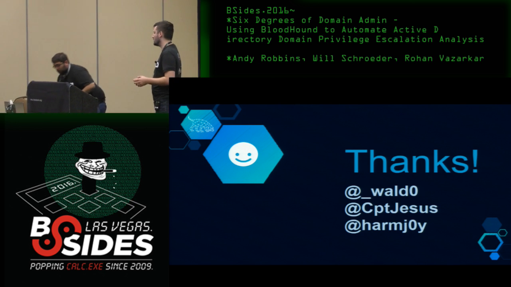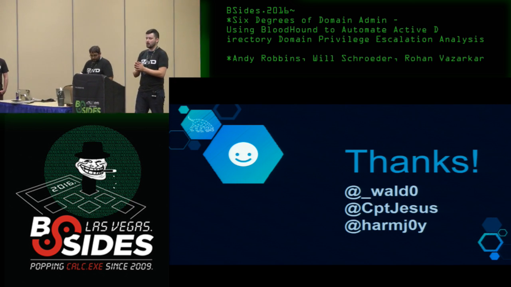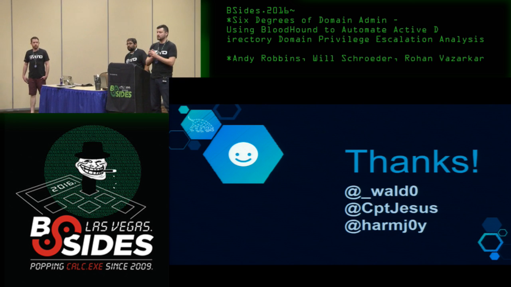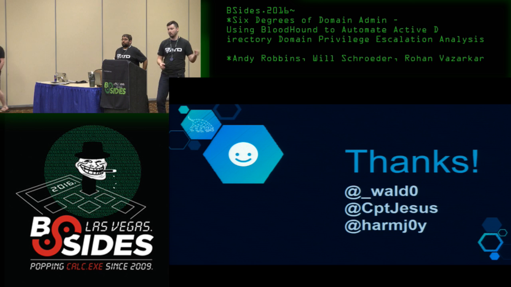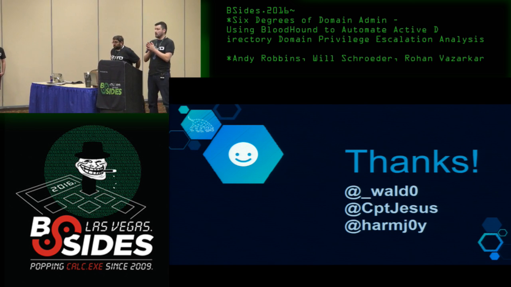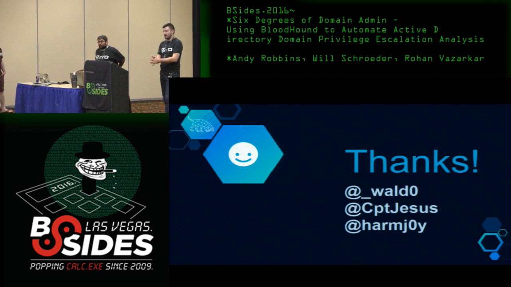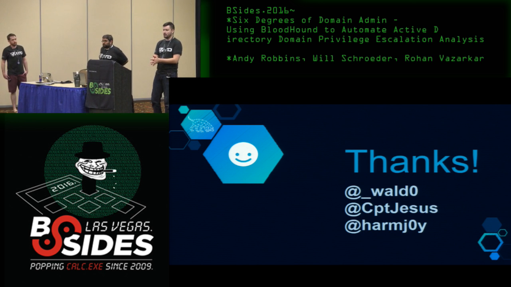By default, BloodHound is running a query in Cypher called all shortest paths. This is going to typically run Dijkstra's algorithm to identify the shortest path from one node to the other. What we are planning to implement, which we do not have right now, is something called conditional pathfinding.